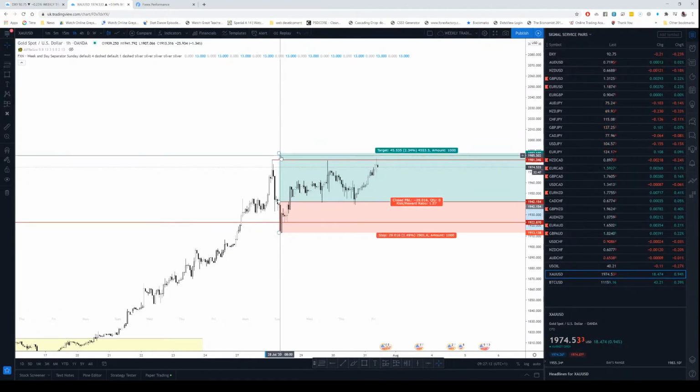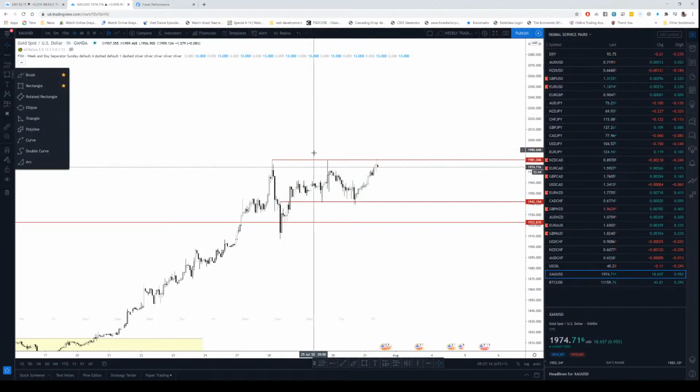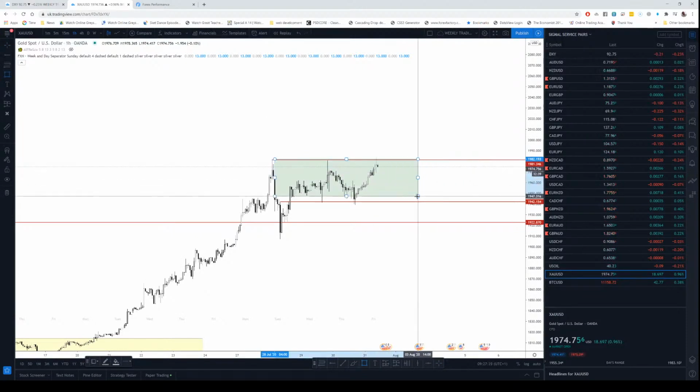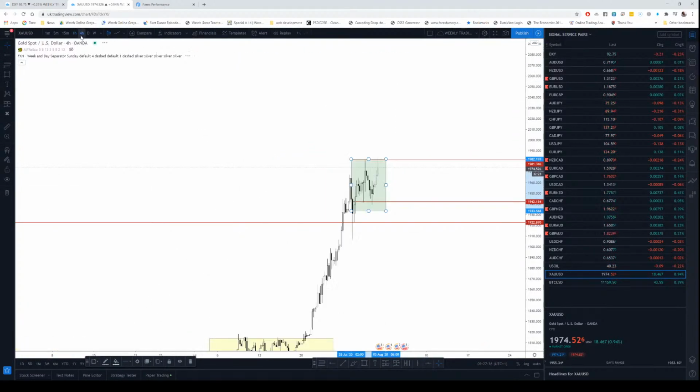We're going to stay in this range, so this trade idea is gone. You might take this high and come all the way back down, then take this low, and then go all the way back up, and we might stay in this range for a little bit.